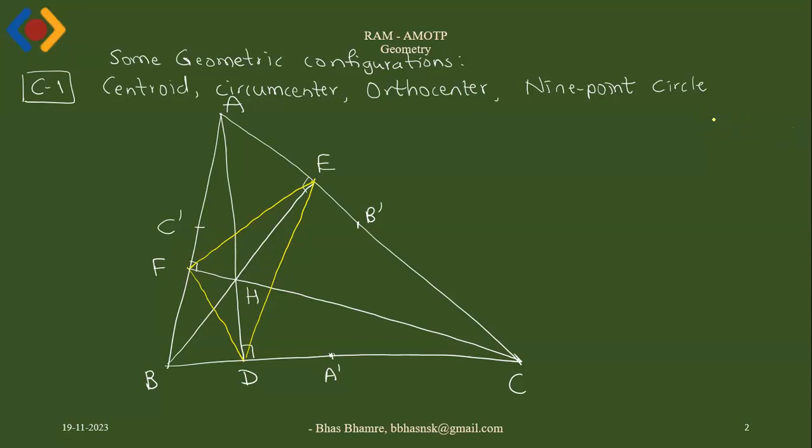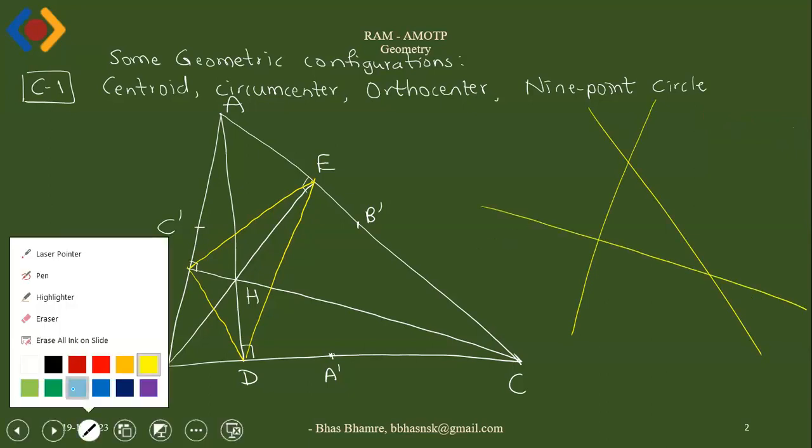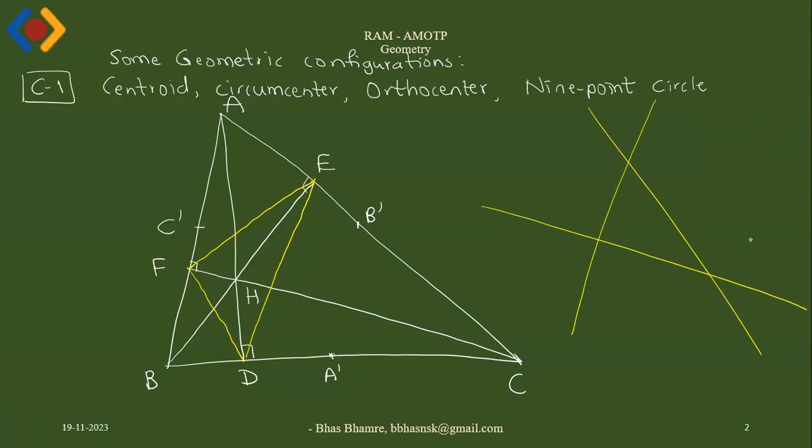I will explain in short. Suppose I have a triangle, and there is a point in the plane of the triangle. Suppose the point is here. Then I drop the perpendiculars from that point, and then we get the triangle joining those perpendicular feet.